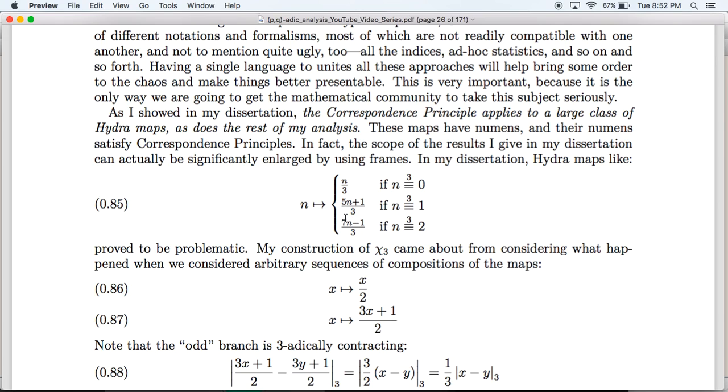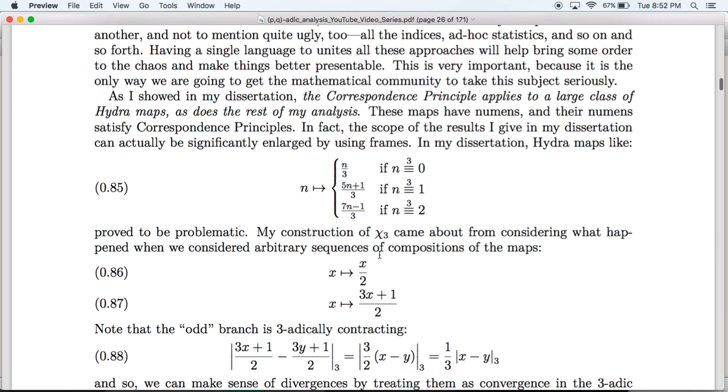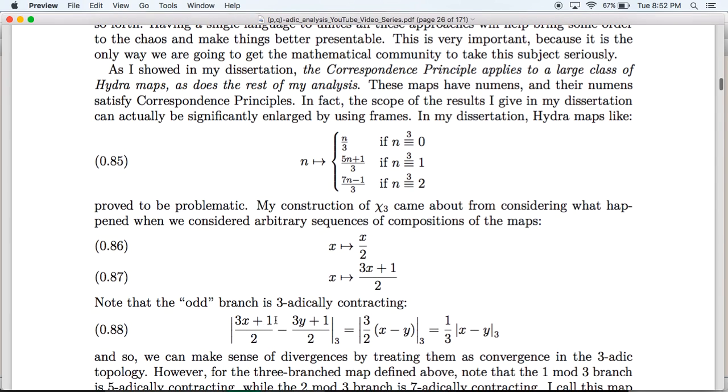It would also work if 7 was replaced, say, by 25 or 10 or some other number that's a multiple of 5. So my construction of Chi3, as we will see in episode 3, came about from considering what happened when we considered arbitrary sequences of compositions of the even and odd branches of T3. Note that the odd branch is actually 3-adically contracting.